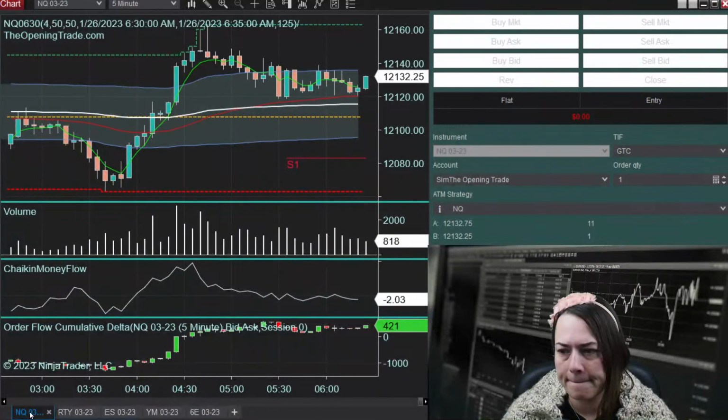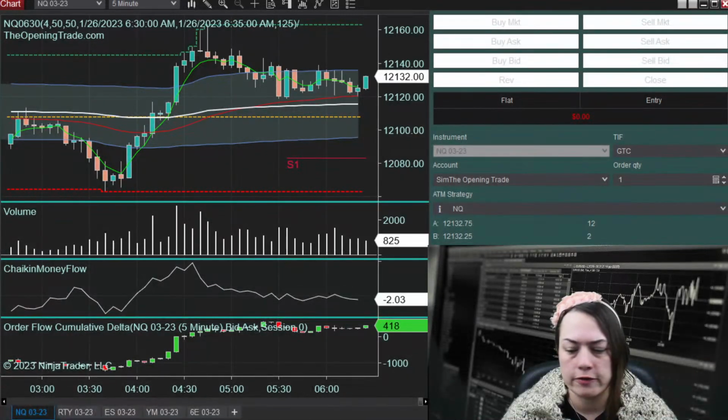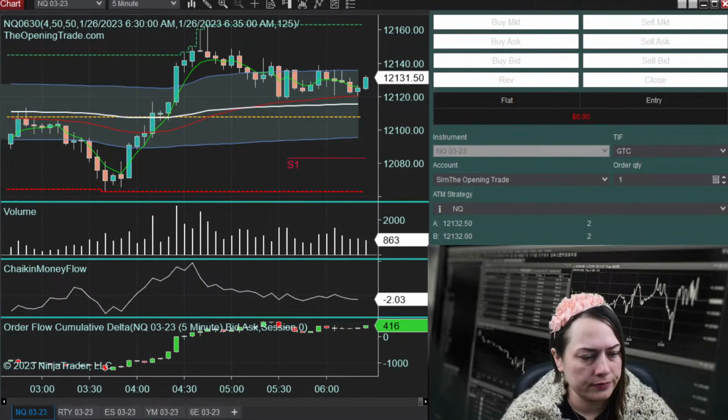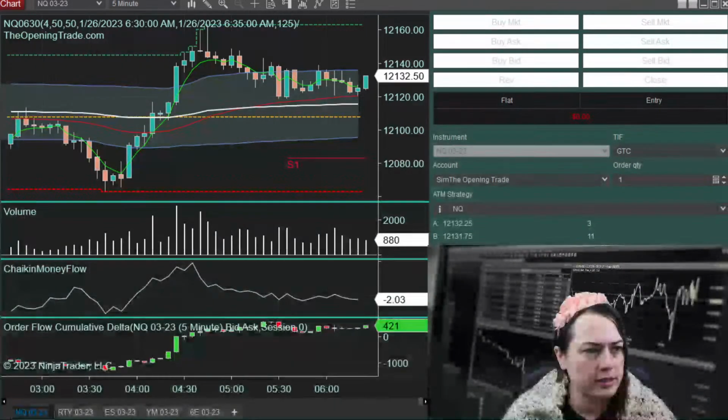All right, so our first two trades we could potentially see will be in less than 6 minutes at 6:30. That is here in Nevada. The time is 6:30.